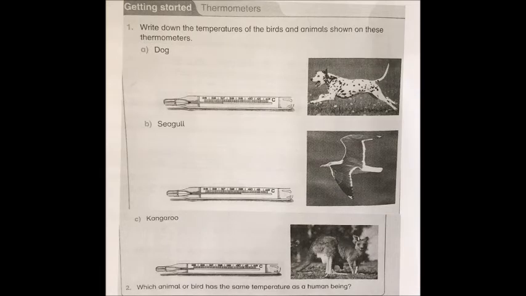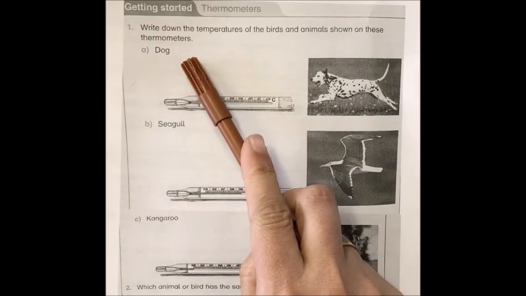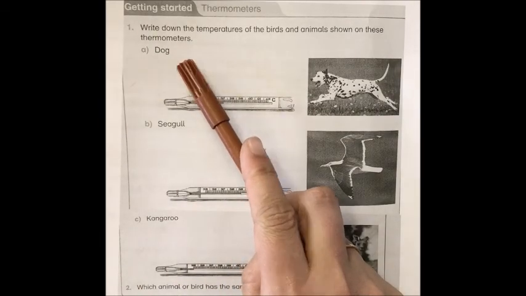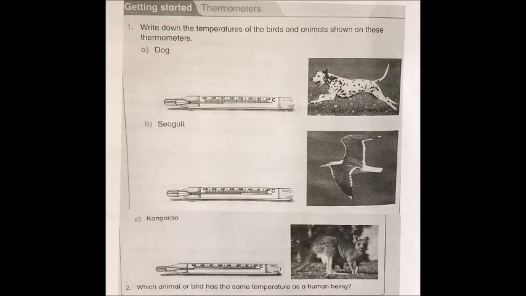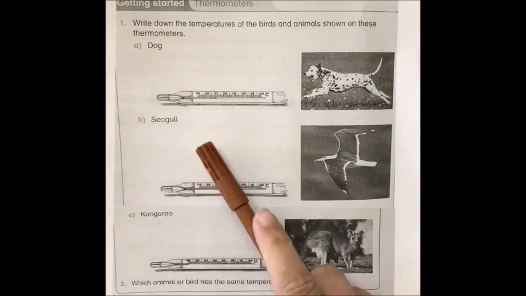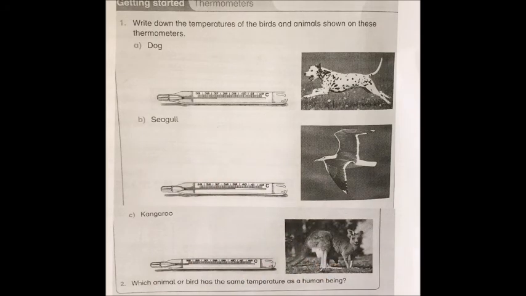Yes, 37 degrees Celsius. So next to dog, just write 37 degrees Celsius. A seagull has a temperature of, yes, 39 degrees Celsius. So again, next to seagull, write 39 degrees Celsius.